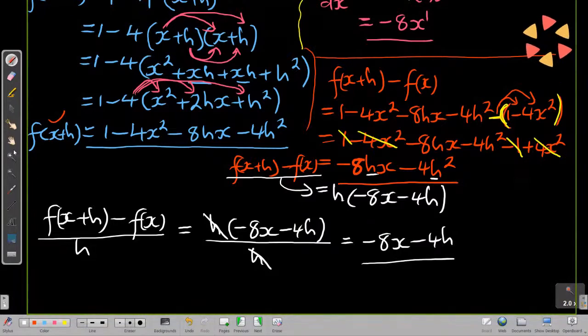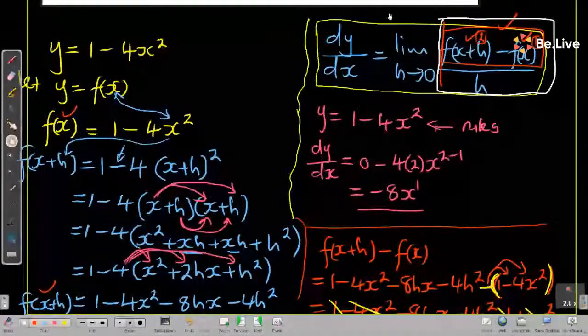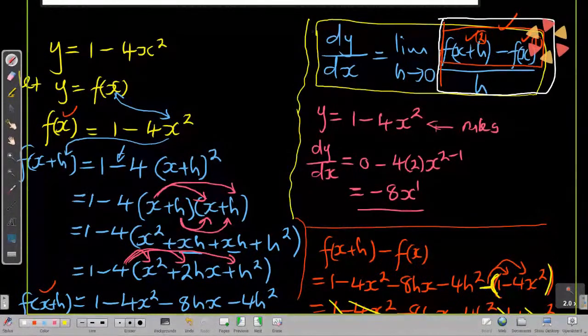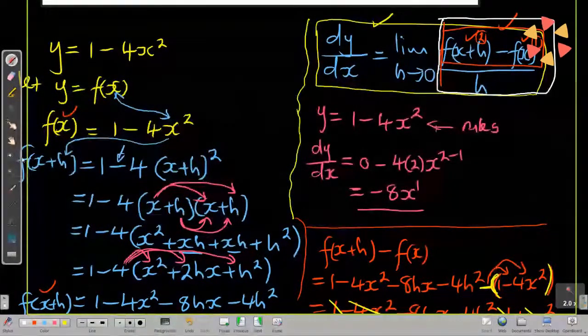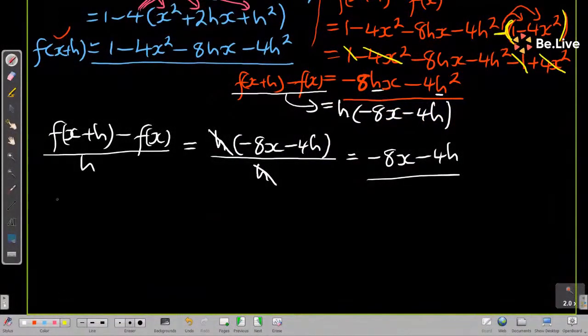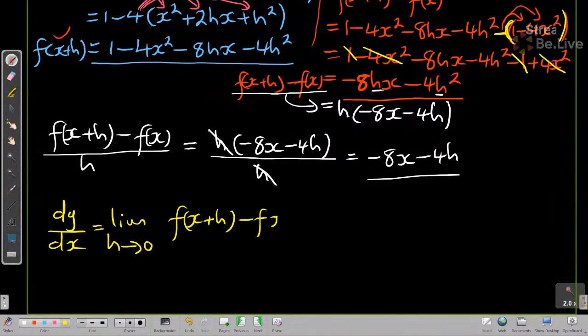At this stage, you have most of the things done. It is a matter of you now writing that whole thing. So at the end of the day, how do you finalize it? You're going to write the whole statement now to say dy over dx. Remember, dy over dx is equal to the limit as h becomes 0 of f of x plus h minus f of x over h.